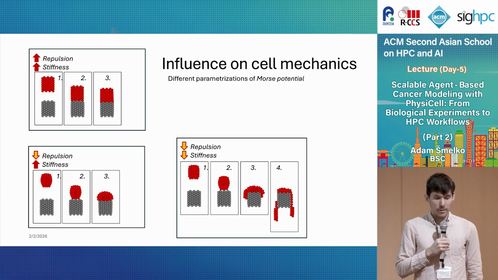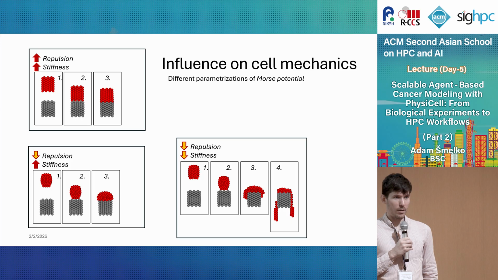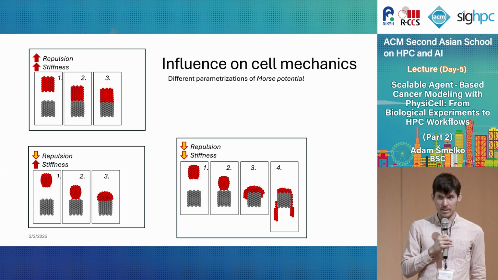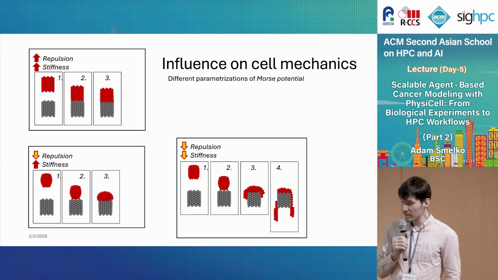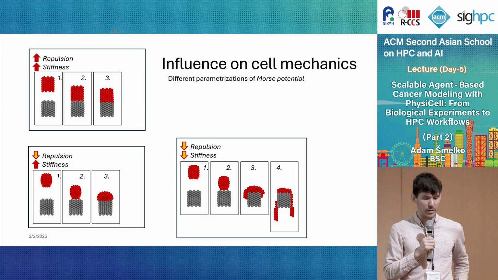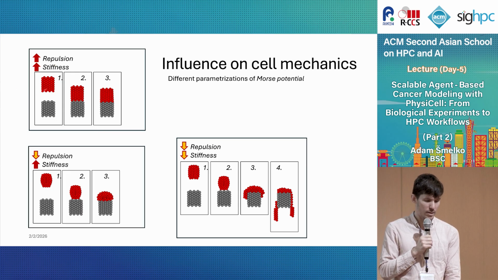Interestingly enough, elegantly enough, the Morse potential has just two parameters that you can tune, and they are called repulsion and stiffness. In these three examples, I actually tuned the potential function of the red cell, and this cell is composed of multiple agents.